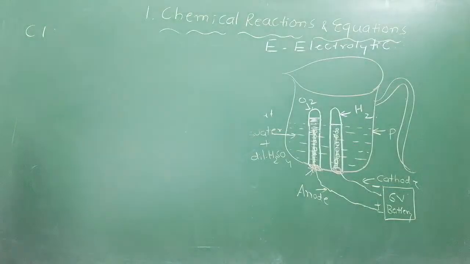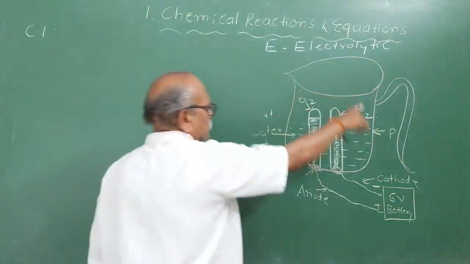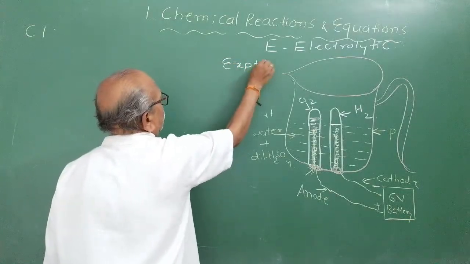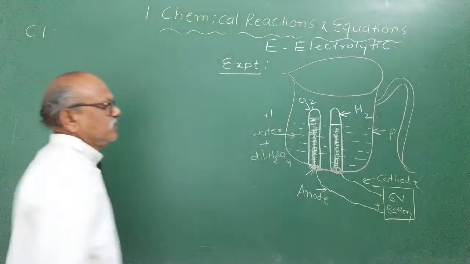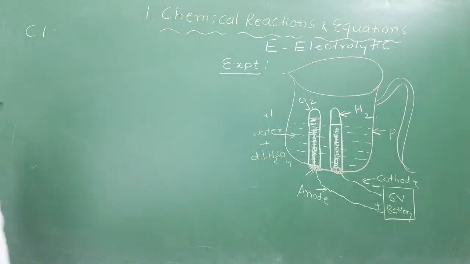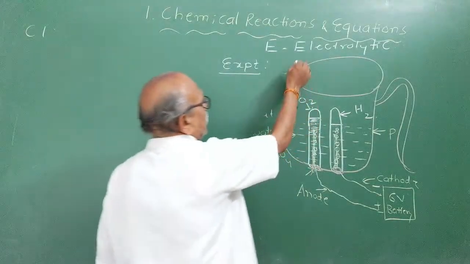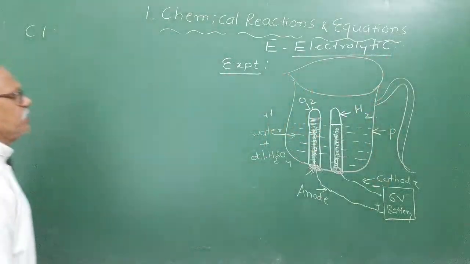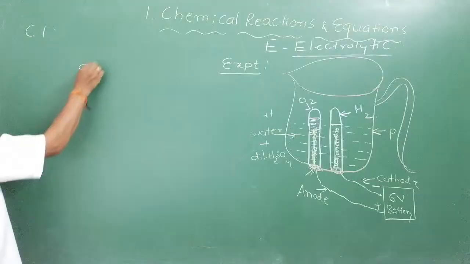As I said, you have to take a mug, it may be asked in the examination as an experiment, and observe carefully. Electrolysis was discovered by Michael Faraday. I was telling you in the last class, very important. This is based on electrolysis.